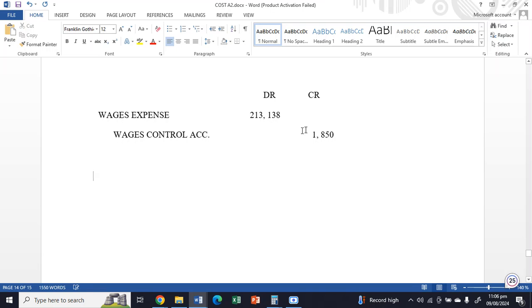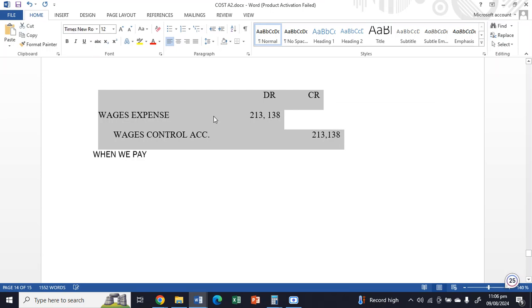So this is the total wages expense. This is what is being owed, the same 213,138. This goes into the income statement. And then when we pay, this will be the journal entry.